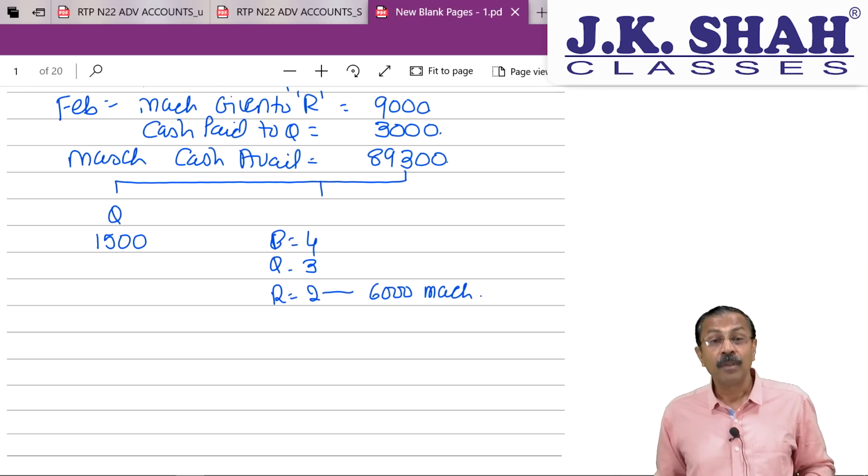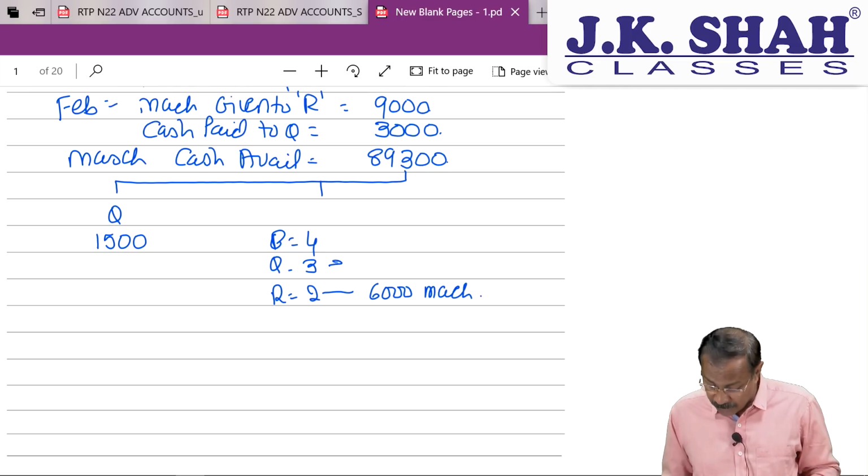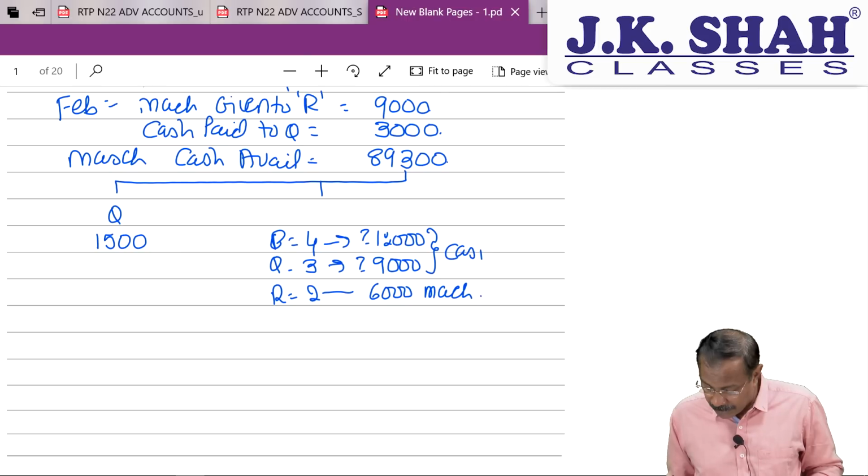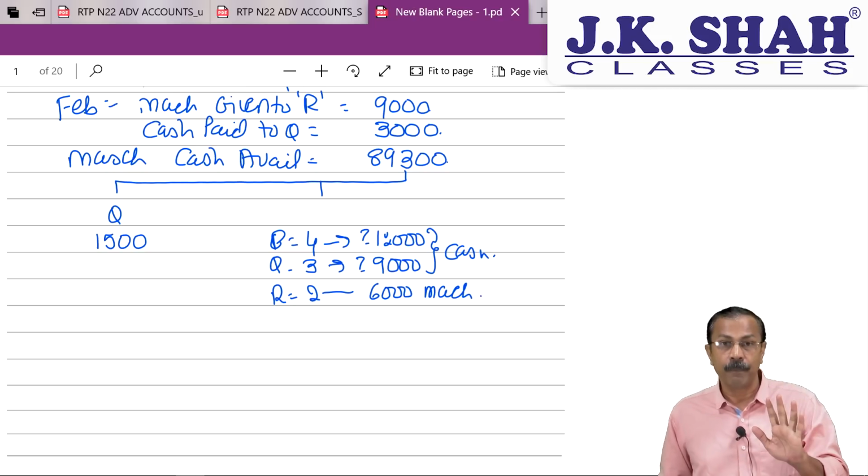So proportionate amount should be paid to P and Q in the form of cash. 3 share it will be how much? 9,000. 4 share it will be how much? It will be 12,000. This amount has to be paid in cash to P and Q only, remember.